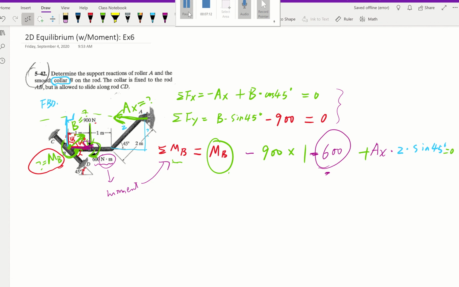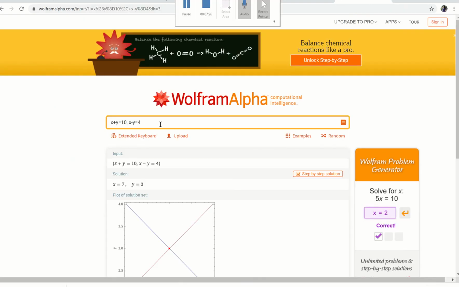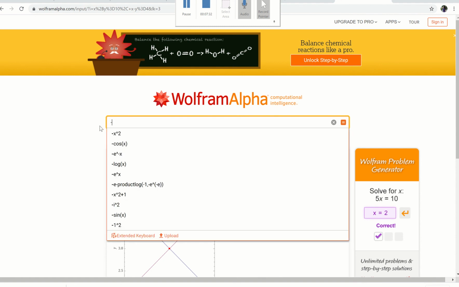So to solve this problem, you can either use hand calculation, or you can use the linear equation solver on your calculator or online. Here we're going to go together using online. So I'm on Wolfram Alpha. We're going to have the first equation. I have negative AX, right?